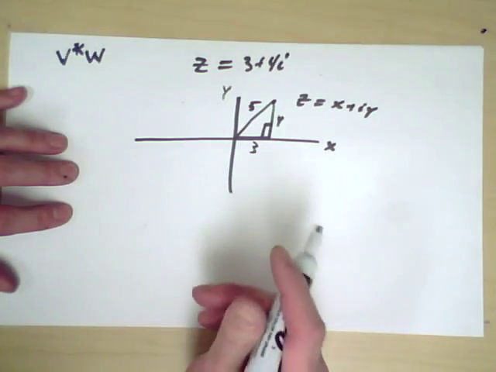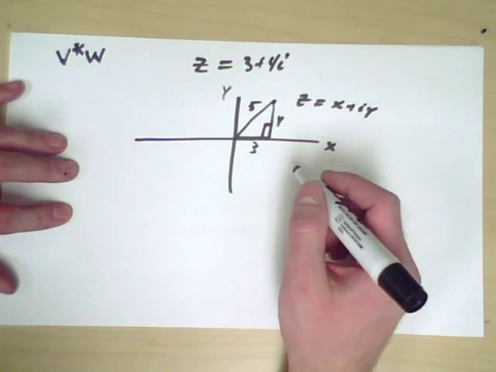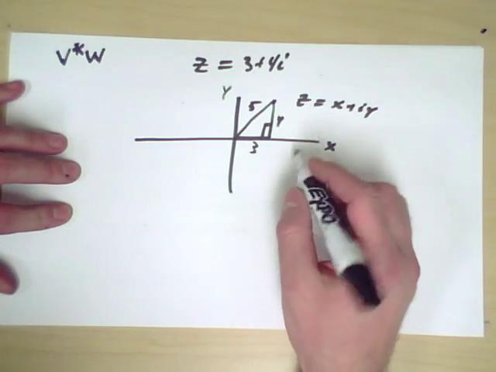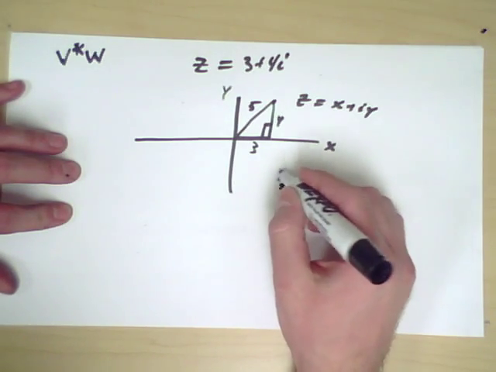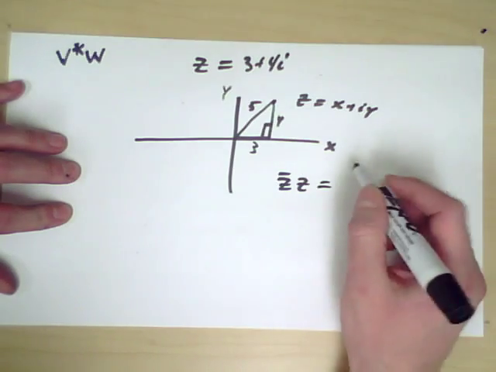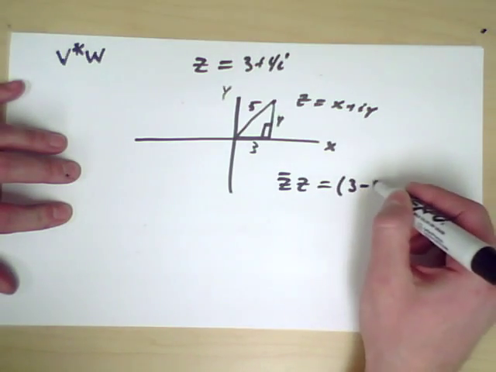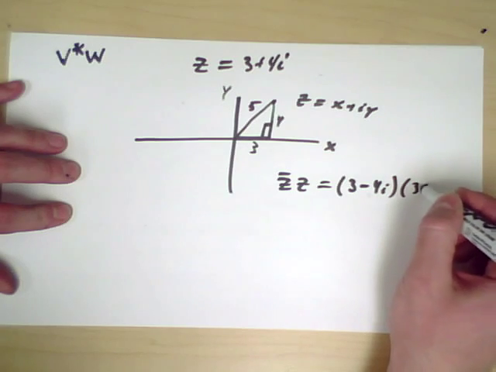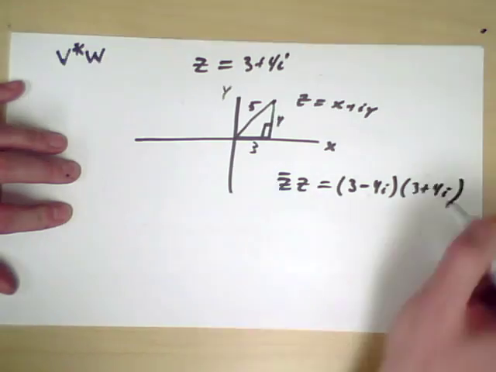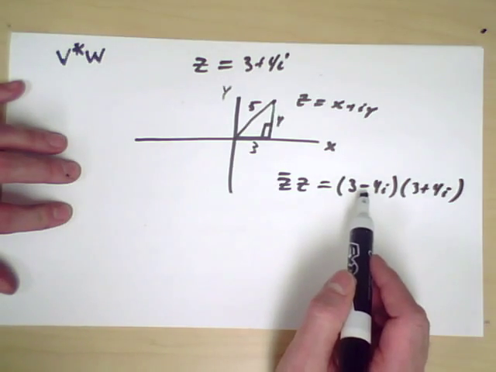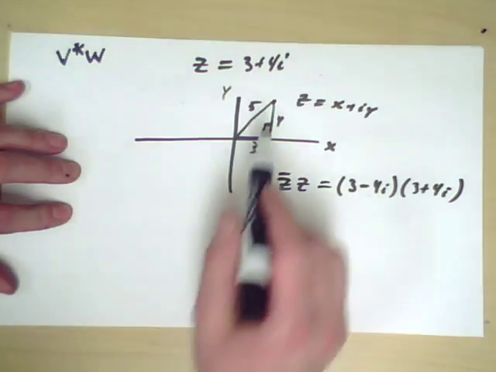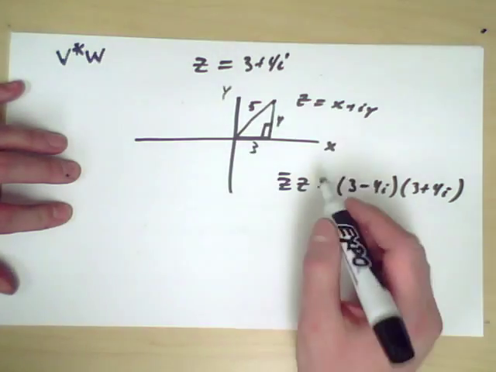Now, how do we compute that in a sort of abstract way? Well, if I look at the quantity z bar z, that would give me 3 minus 4i times 3 plus 4i. Remember that the complex conjugate is taking the imaginary part and flipping its sign. It's reflecting across the real axis.